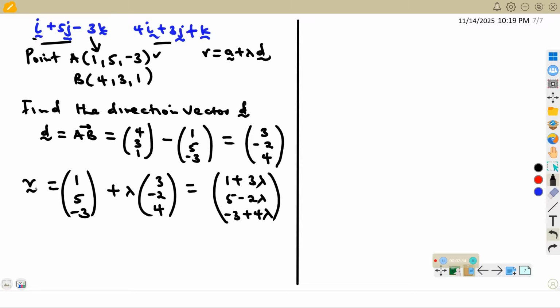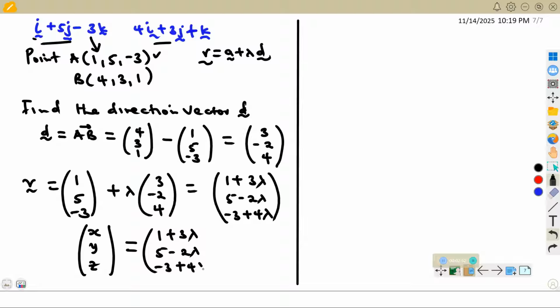So I want us to express this r in terms of x, y, and z, since r is a general point on the line. So we have (x, y, z) equal to (1 + 3λ, 5 - 2λ, -3 + 4λ).